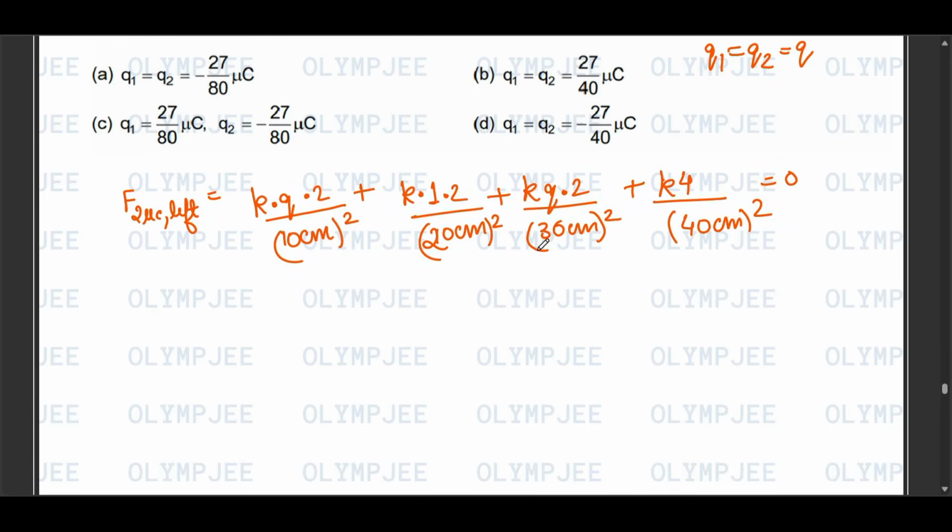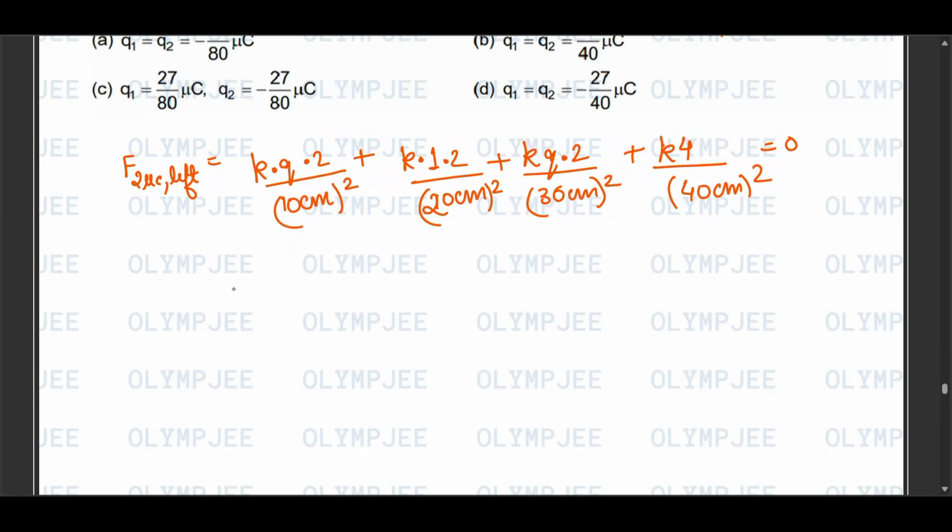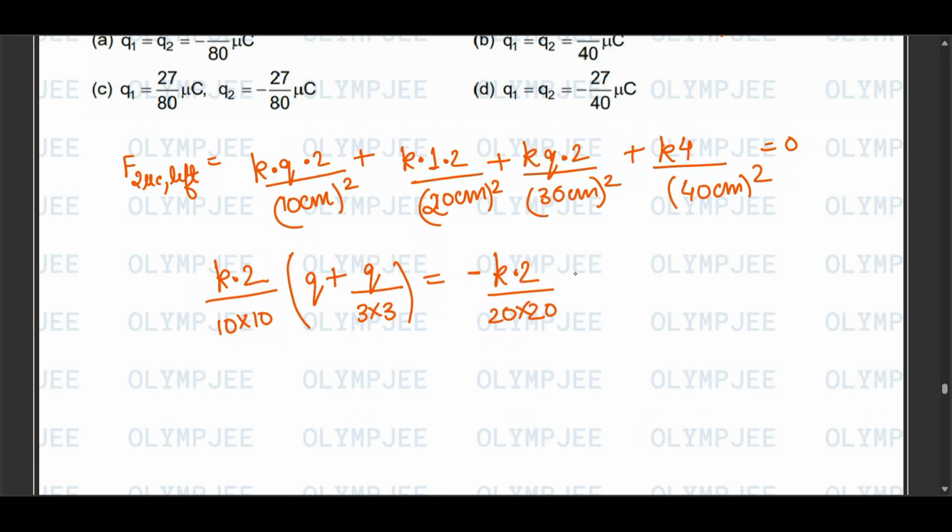So we will get k multiplied by 2 multiplied by 10 into 10 q plus q by 3 multiplied by 3 is equal to minus k multiplied by 2 into 1 plus 2 by 2 multiplied by 2.